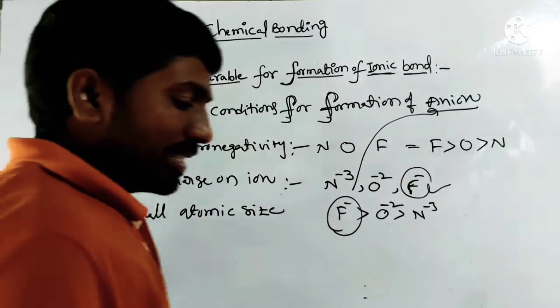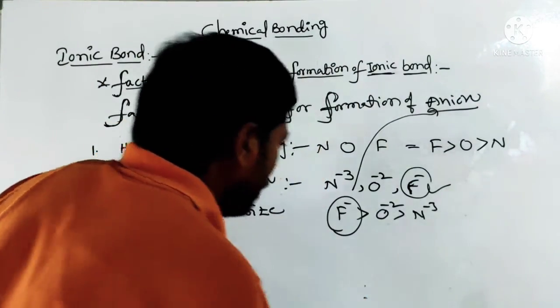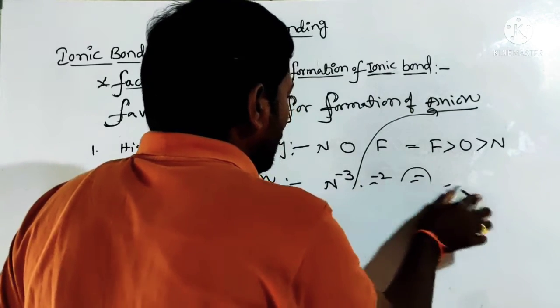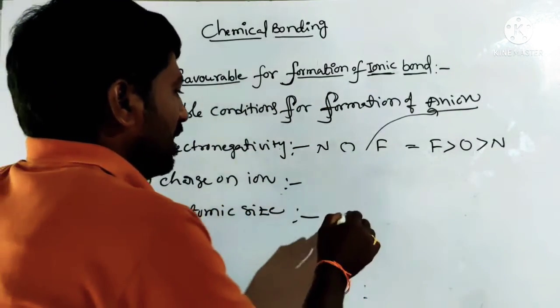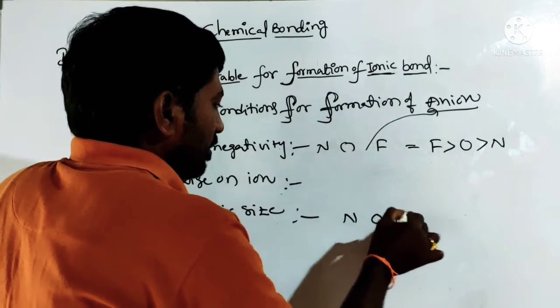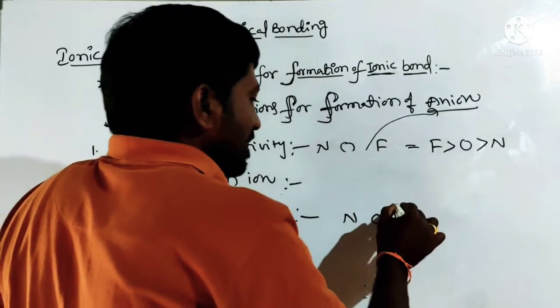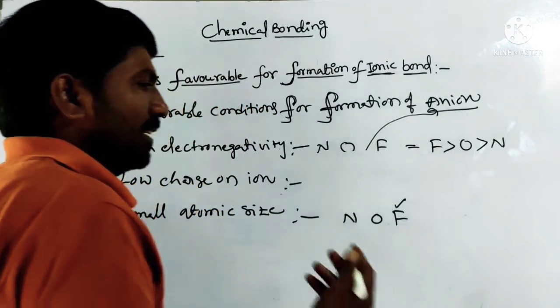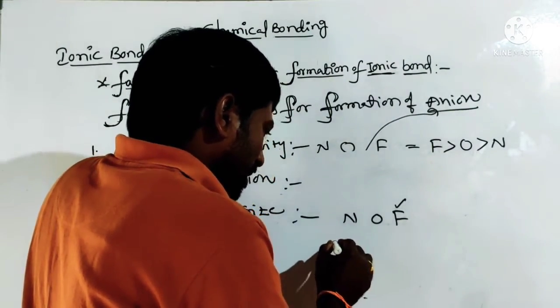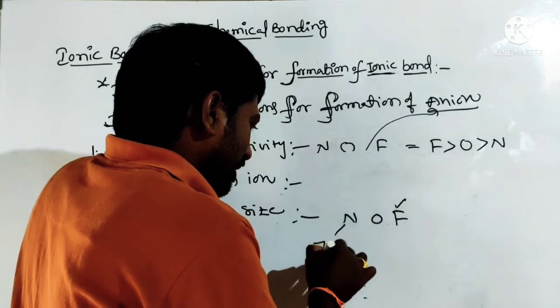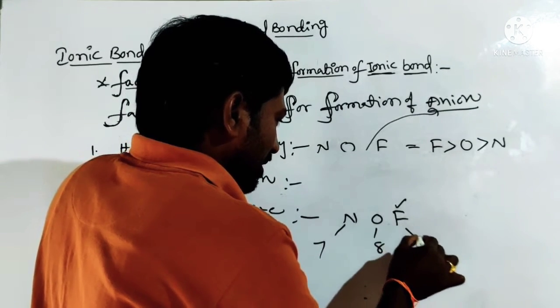Next, small atomic size. That we are discussing. What is the small atomic size? Nitrogen, oxygen, fluorine. These are the same shell. This is atomic number 7, this is 8, this is 9.